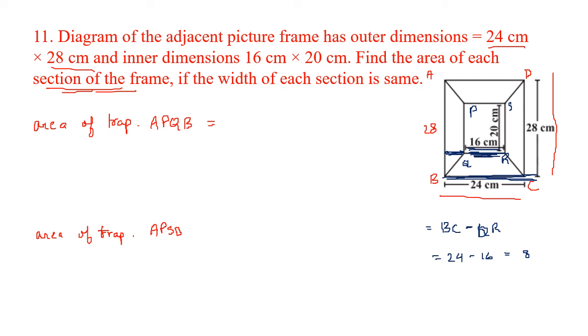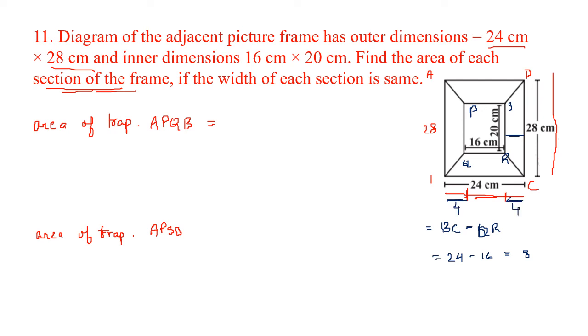Now I subtract this, so what remains? This part remains and this part remains. Are you clear with it? Let us see one more time. From this BC 24, I removed this part 16, so what is left now? 8. But 8 is divided into two equal parts. So this will be 4 and this will be 4.